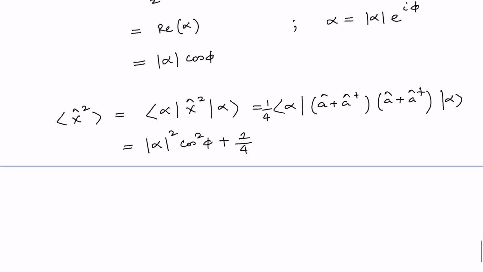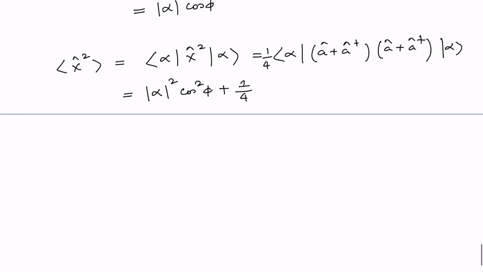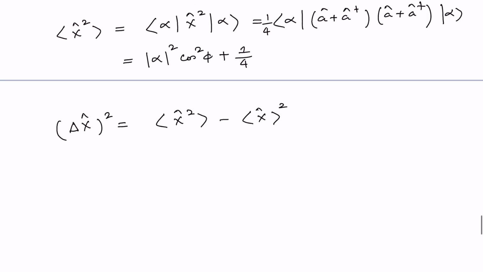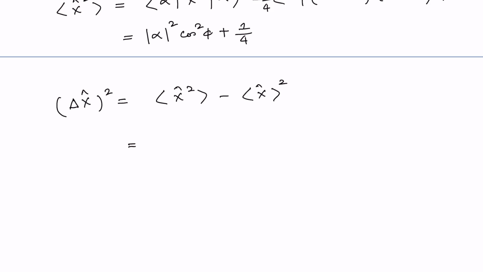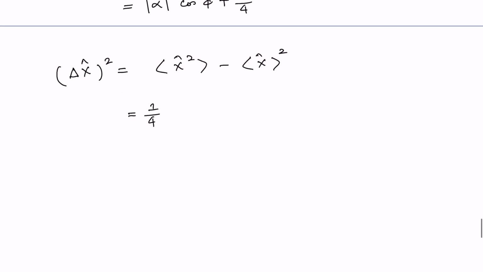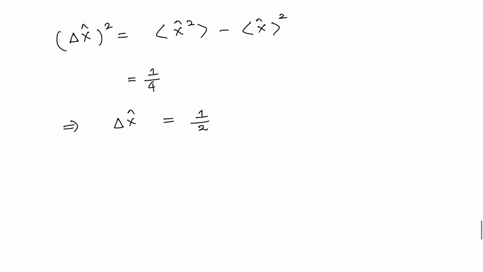Therefore you can again find the variance in the quadrature x. You just put in the expressions that were worked out, and you are going to get simply 1/4. And this means that the standard deviation in the quadrature operator x is going to be 1/2.